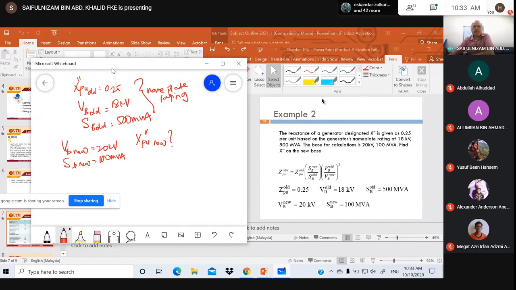So how to find X per unit new for the generator? Based on the quantities given, you can directly apply the equation, right? Yes. Z PU new equal to what?